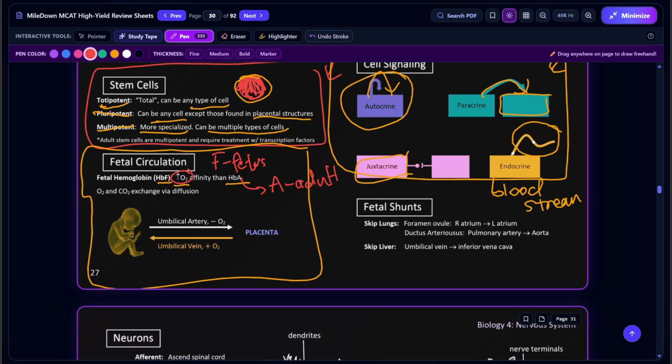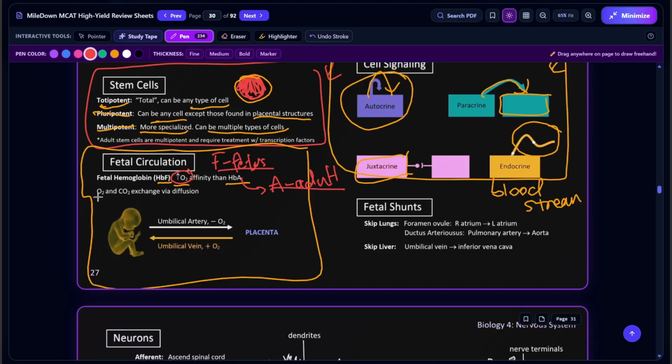When we're talking about the adult, we're talking about the mother's affinity to oxygen, and so the baby binds more oxygen. Hb stands for hemoglobin, which is part of your red blood cells, and your red blood cells carry oxygen, if you ever learned a little bit about the circulatory system. So as a summary, the fetus likes to steal the mother's oxygen, all right?